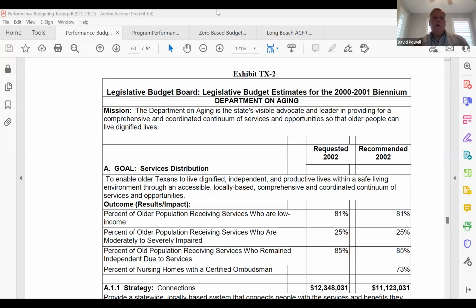So what I'm sharing on the screen with you now is an example of a performance-based budget. And this performance-based budget example comes to us by way of the state of Texas. When we had talked about state budgeting processes last week, we talked about this spectrum between executive dominated and legislatively dominated processes.